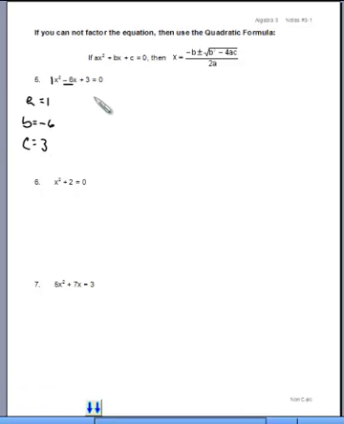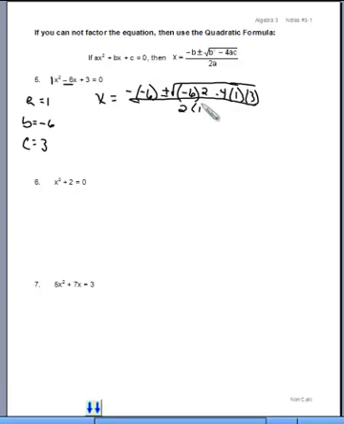Alright, and so then you have x equals negative 6, that's negative b, plus or minus the square root of b squared, so it's negative 6 squared, minus 4 times 1 times 3, all of that over 2a, so that's 2 times 1. And then that comes out to be positive 6 plus or minus the square root of 24, all of that over 2.